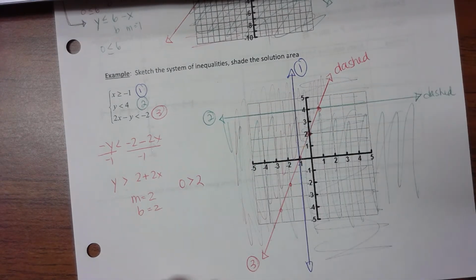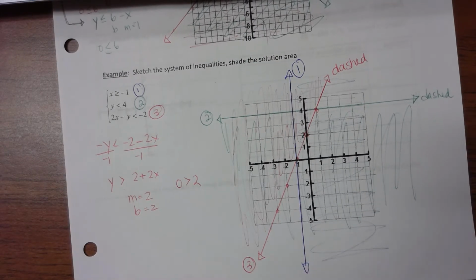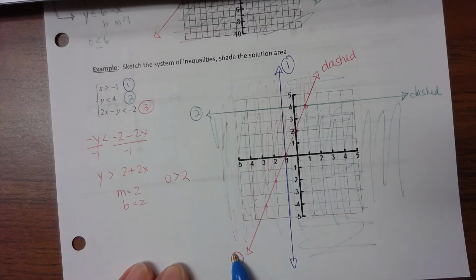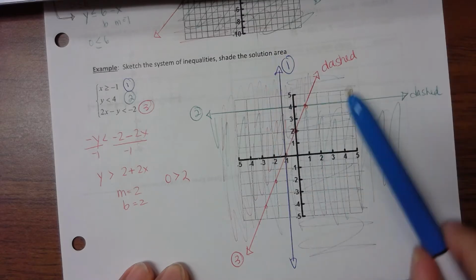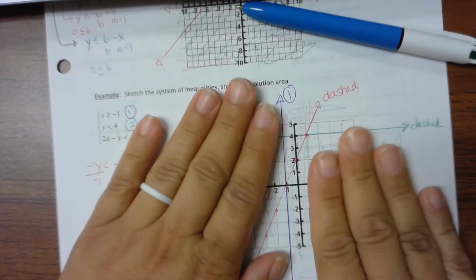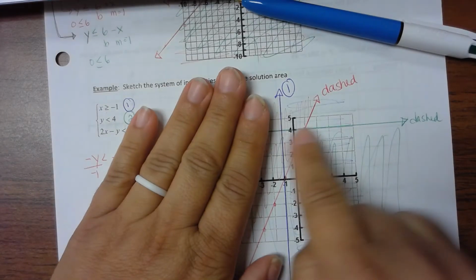of my red line. So now I need to figure out where does my red, my blue, and my green intersect. Well, I was below the green and I was to the right of the blue, which means I was in this area here where my hand is. So I was somewhere in here.